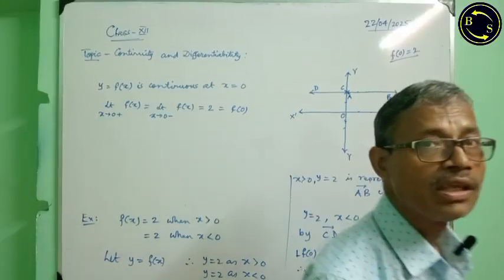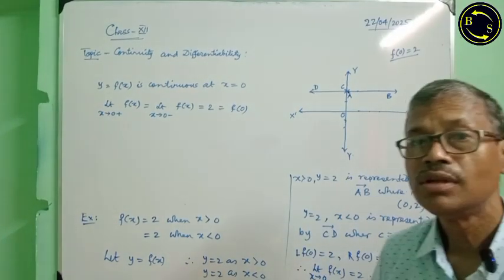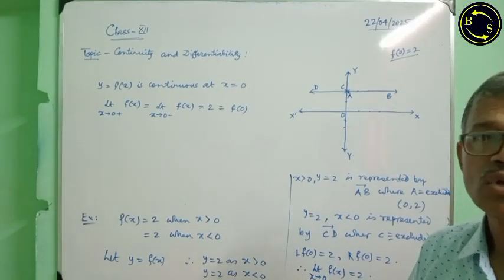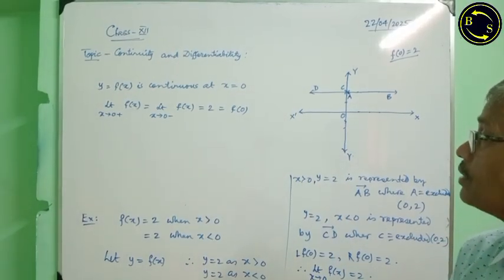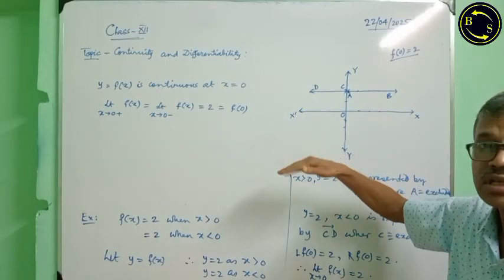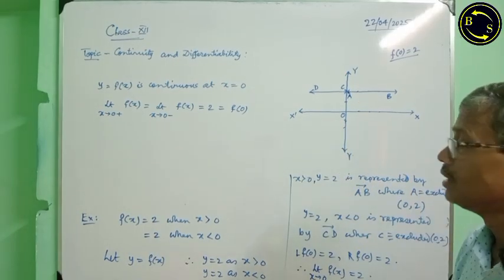From this example, we can say the function f(x) will be continuous at the point x equal to a. Here we are discussing at a point.